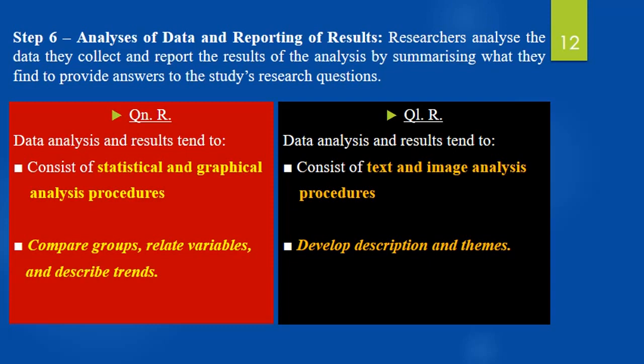Okay. Now, in qualitative research, researchers use a different approach for data analysis because the data in qualitative studies consist of words and pictures, not numbers. Rather than using formal statistics, the researchers analyze the gathered words and pictures to describe the central phenomenon under study.